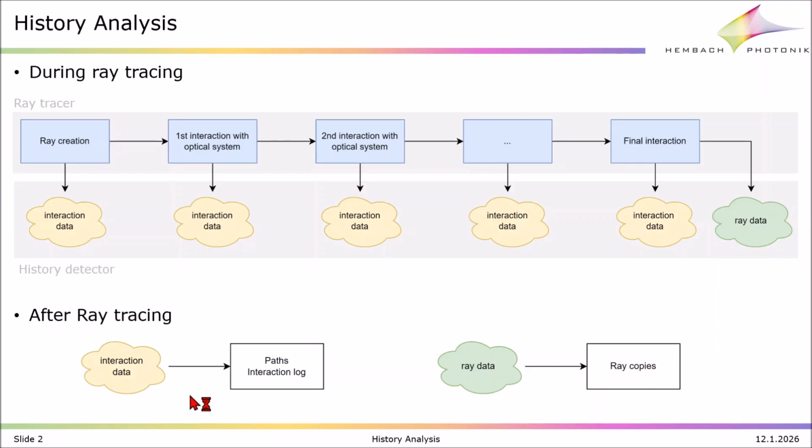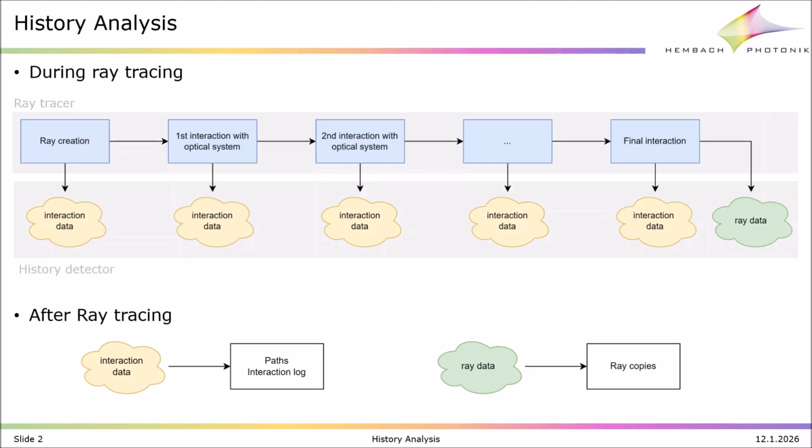However, in some applications, a very large number of rays is traced. Storing all ray data and recording all interaction data then implies a very large memory footprint, which can become prohibitive. In these cases, it makes sense to restrict the collected interaction data and the collected ray data to those data items that we will actually use after ray tracing.